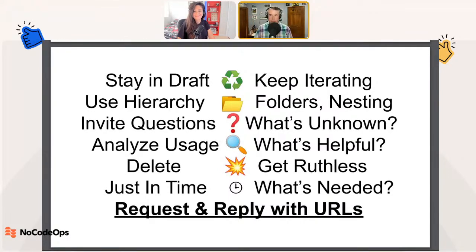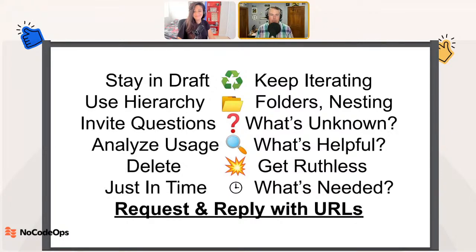And that's right there, analyzing usage, right? What's helpful to people? How are they using it? Where are they getting help from? Which ones do they ask for support from? And kind of embedded in all of this, right, there at the bottom, it's bolded and underlined, you need to teach your team and customers, or you need to do this for customers, to request and reply with URLs.